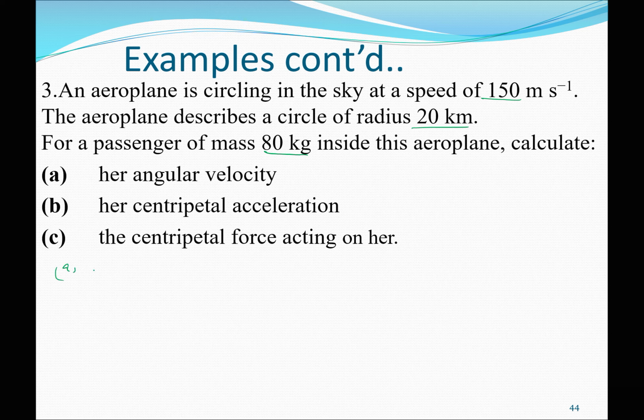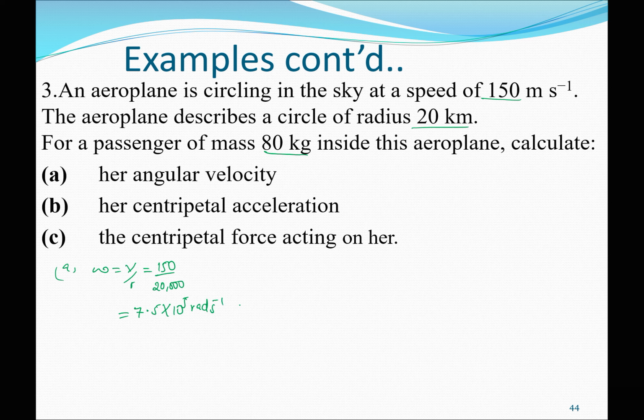Angular velocity, so we know that omega is equal to v over r, which is equal to 150 divided by r, which is 20,000. So I'll just press my calculator. So this is 7.5 times 10 to the power of 5 radians per second.